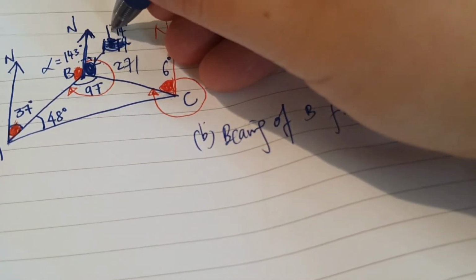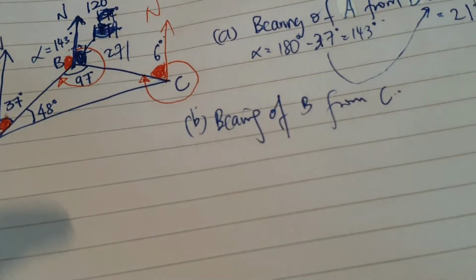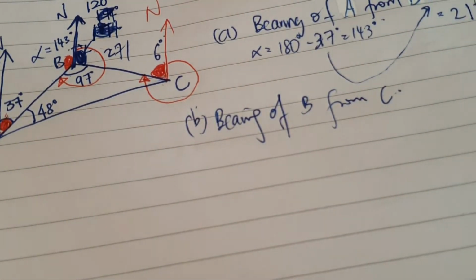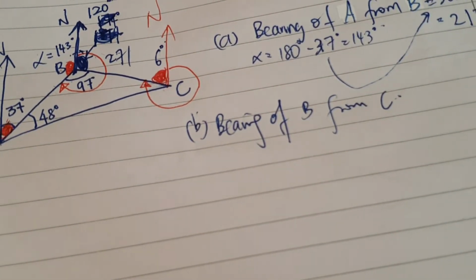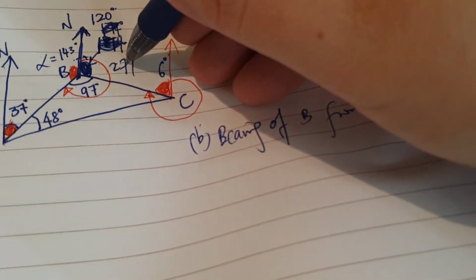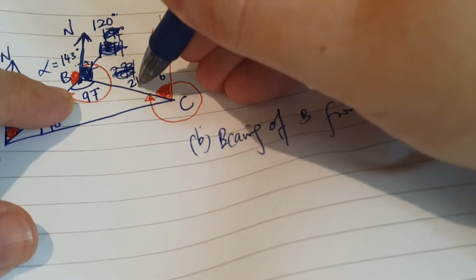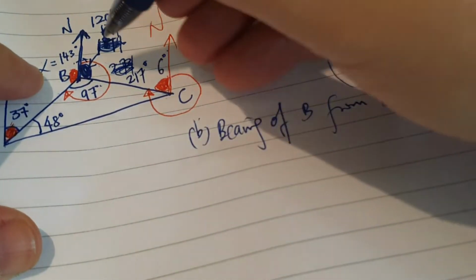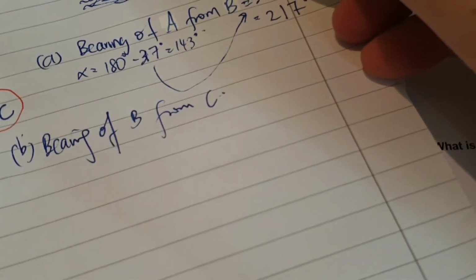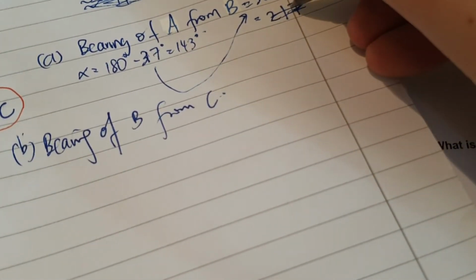Now here should be 120. And wait, sorry, this is 217, not 271, no wonder. So sorry about that. This is 217. I wrote here 217.